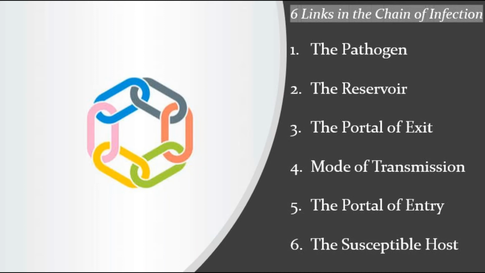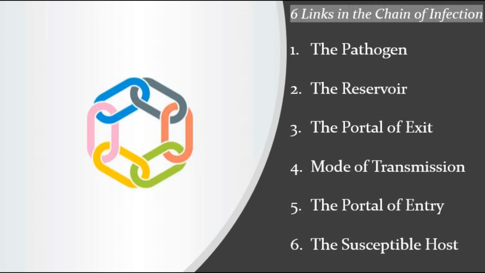Underlying chronic diseases such as diabetes or asthma, conditions that weaken the immune system, even taking certain medications. Another example is having devices such as feeding tubes. They're just another way for that portal of entry.